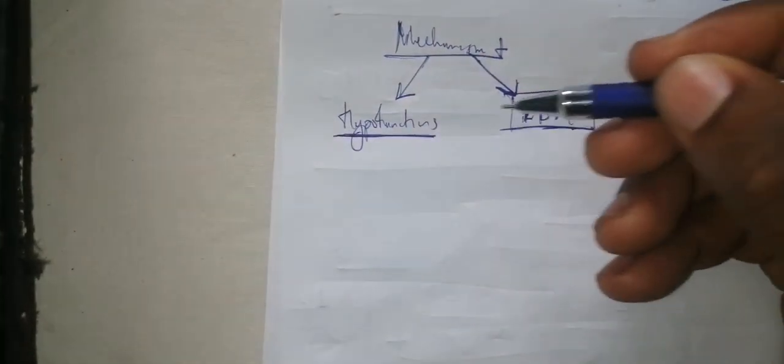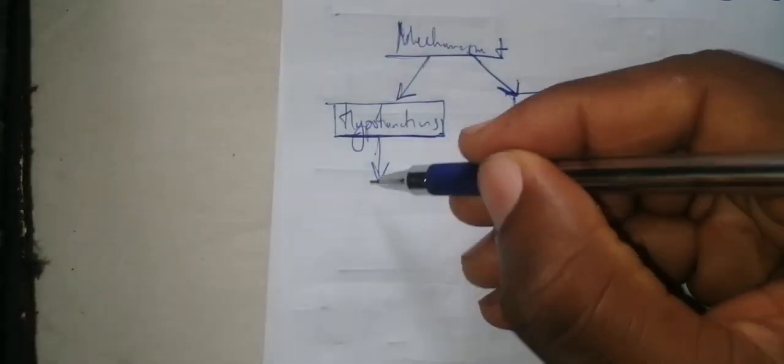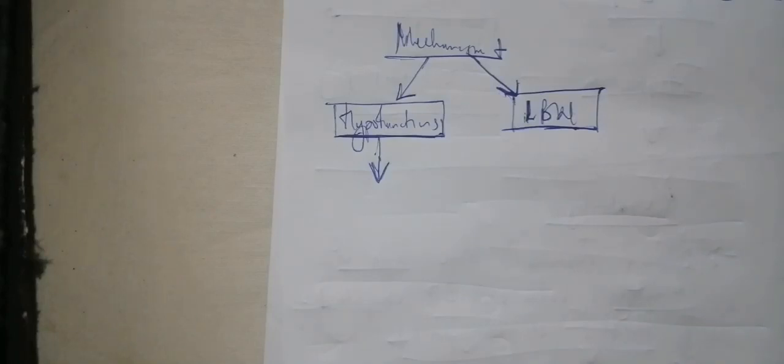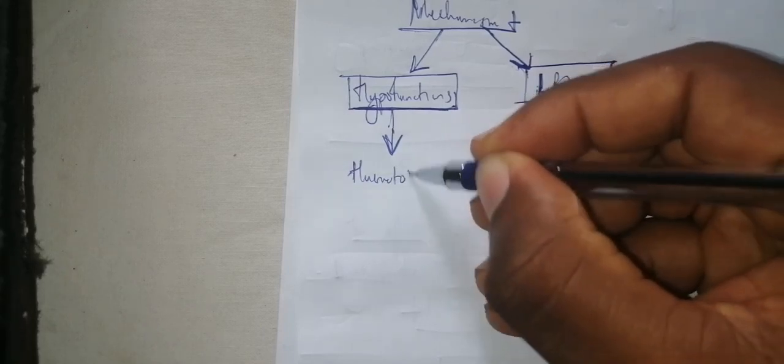Now, hypofunction of the organ. You need to know that there are organs which are not functioning effectively in prematurity, and that hypofunctioning is going to result in additional complications that I didn't speak about in birth asphyxia, but that you need to understand in prematurity. We have the hypofunction of the hematopoietic system.